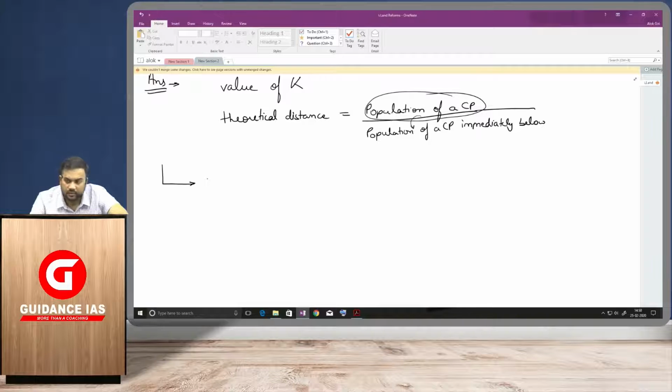Full stop. This can be exemplified by taking a case study of its application in India.